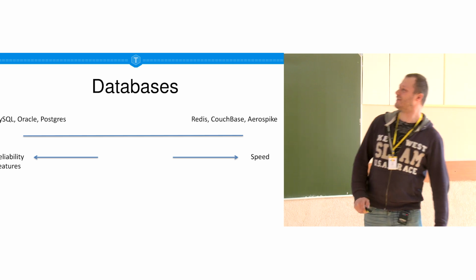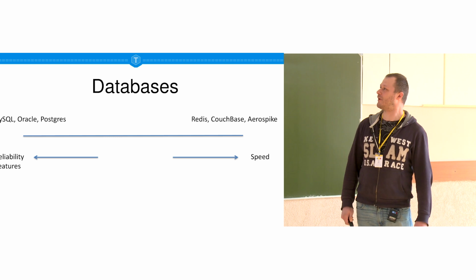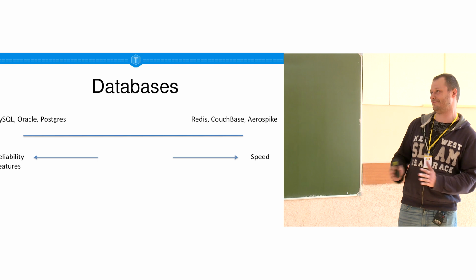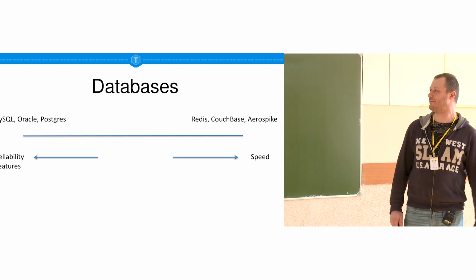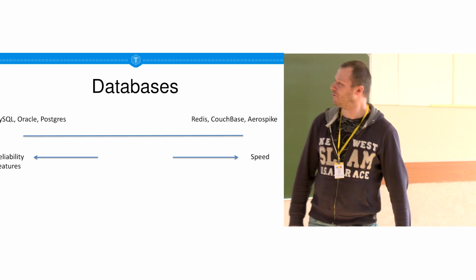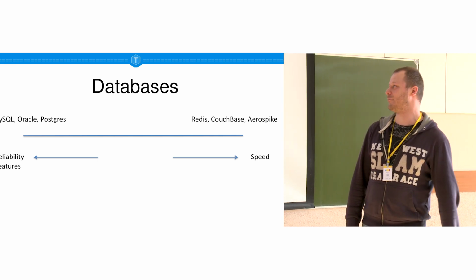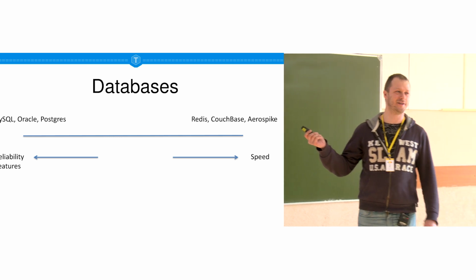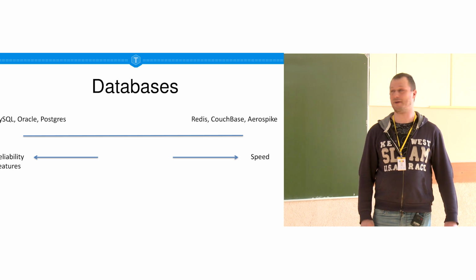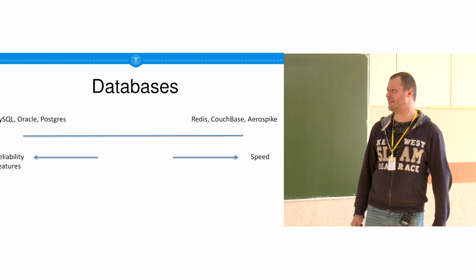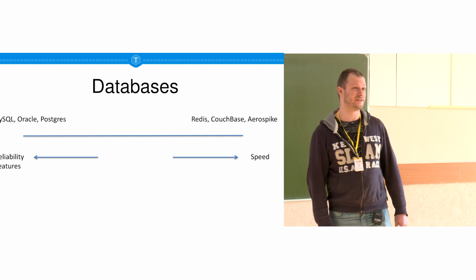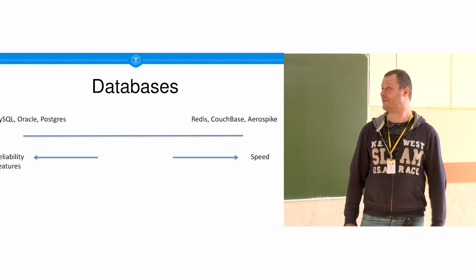In this picture, you can see that we can divide databases into two more or less big groups. One group is old school reliable databases like MySQL, Oracle, Postgres, many more, Microsoft SQL Server maybe. Almost all of them are SQL, so they're based on the SQL language.